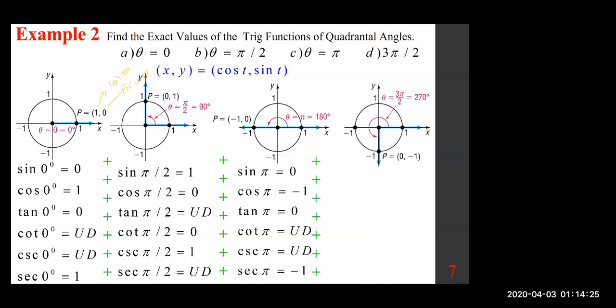The last one we want to look at is 3 pi over 2, which is the same as 270 degrees. So we look at the coordinate. The coordinates are 0, comma, negative 1. Okay. So the x coordinate represents the cosine. So cosine must be 0. Y represents sine. Sine must be negative 1. And we can write the rest of them accordingly.